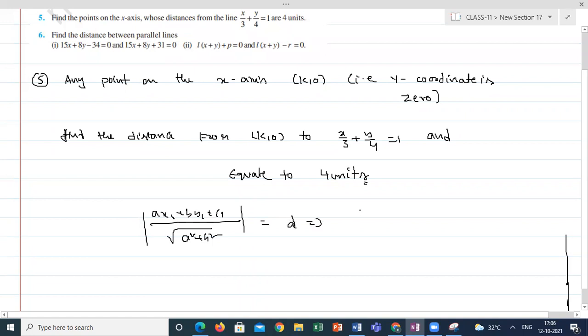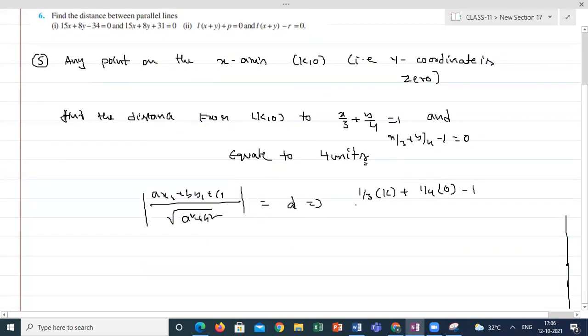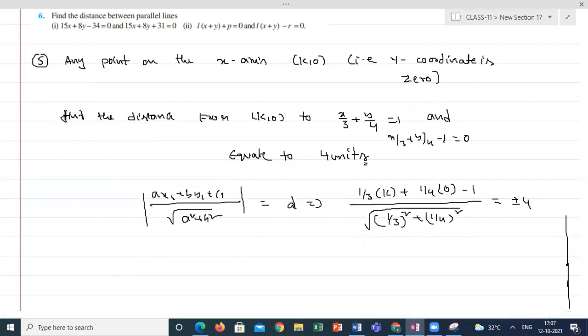So what is the a value? 1 by 3 into k plus 1 by 4 into 0 minus 1, because this is x by 3 plus y by 4 minus 1 is equal to 0, the standard equation, divided by root of 1 by 3 whole square plus 1 by 4 whole square, is equal to plus or minus 4. So solve this equation and let me know the answer.